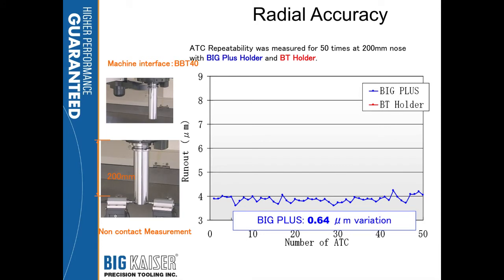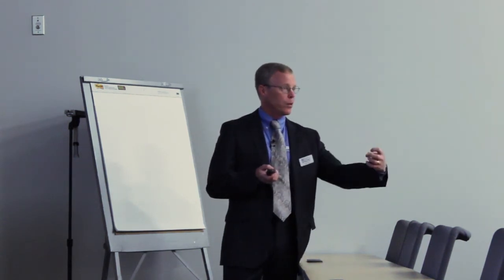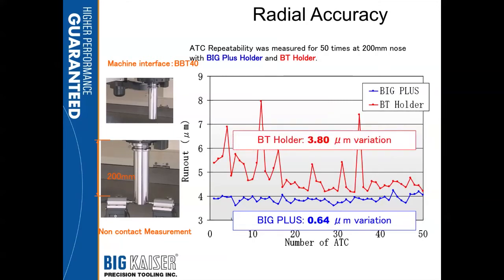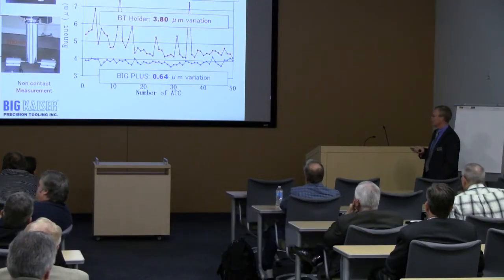The reason for that high accuracy is with that face contact, when you pull a tool in, there's no guarantee that the tool is being pulled directly back. There might be some lateral forces engaging on the spindle and the retention system, which tries to force a conventional tool to get one way or another. So over time, you will all of a sudden see spikes in your repeatability. And the reason for that is your taper contact just isn't accurate enough compared to dual contact.